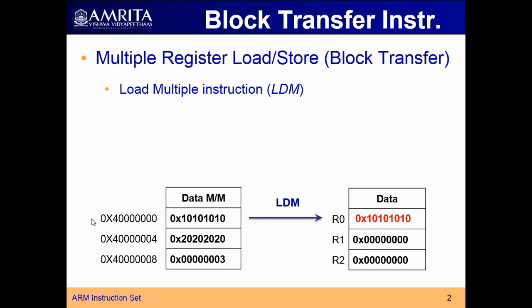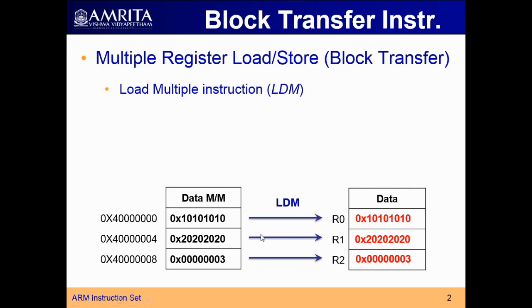Then the pointer will be automatically incremented to the next location, 4004, and its content will be moved on to R1. Again, the pointer will be incremented to 4008, and the content of 4008 will be moved on to R2. So corresponding locations of memory will be moved on to corresponding registers: the content of 4000 goes to R0, the content of 4004 goes to R1, and so on.